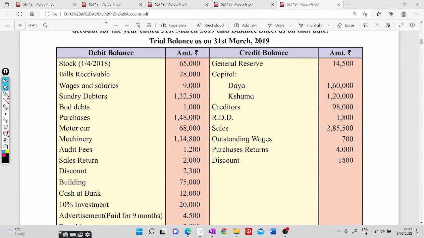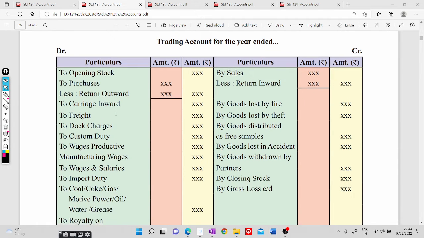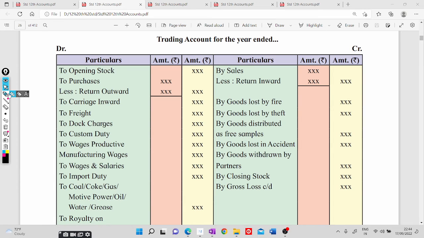We can see in the trading account here that the debit side consists of all the expenses. On the debit side, the trading account will always show the opening stock. The opening stock for the current year is the closing stock for the previous year.